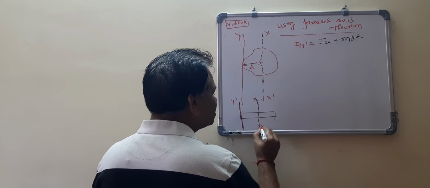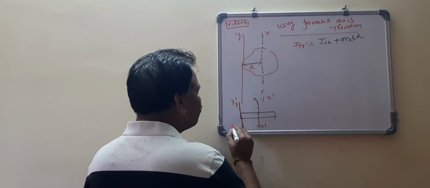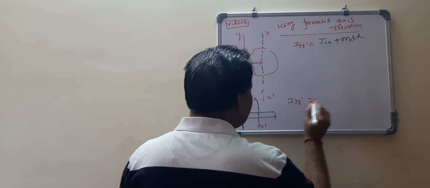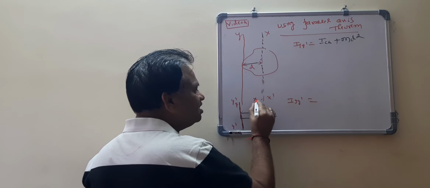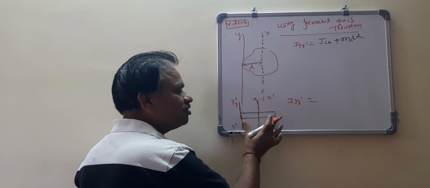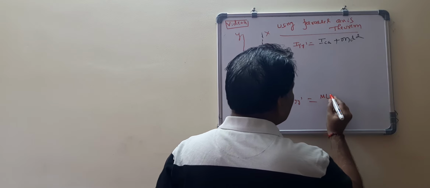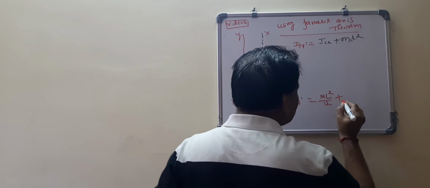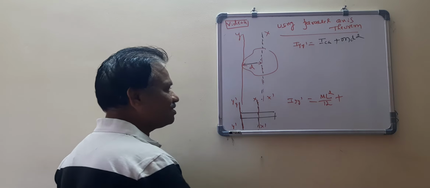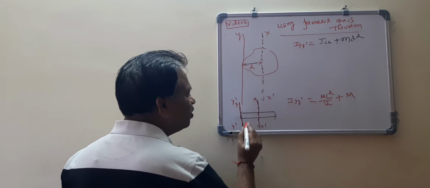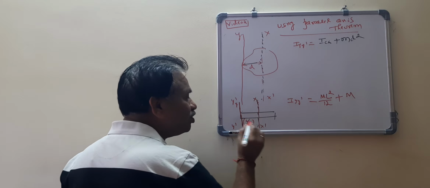This is x dash, this is y dash. I CG, we know, passing through the center of gravity, in case 1 it is ML square by 12, plus M into the distance between them, which is L by 2.